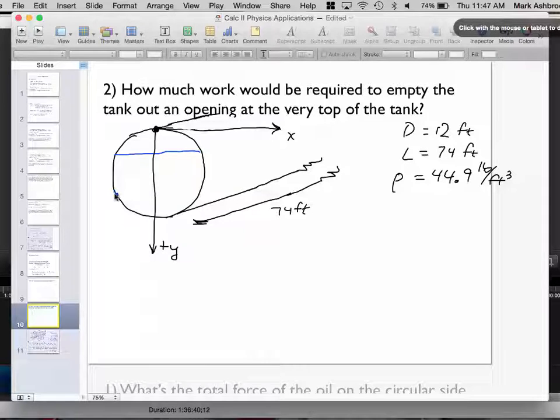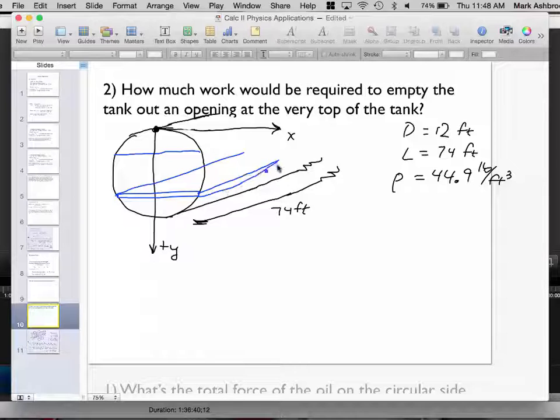All right, so let's take a typical strip here. But it's actually not a typical strip. What is it? It's a typical layer of oil. So now the 74 feet comes into it. And so we're going to have this layer of oil, and we've got to move it a distance of y.